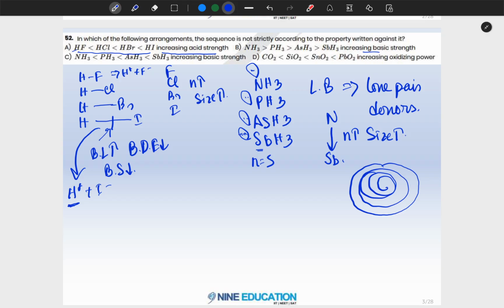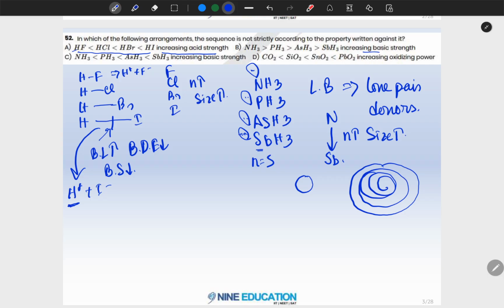So because of delocalization of the lone pair of electrons in a particular molecule, the tendency of the central atom to donate the electron cloud to any other substance will decrease. So basicity will decrease. In ammonia, less space is available for the lone pair, so the lone pair will not get delocalized. The lone pair will remain concentrated on nitrogen only.